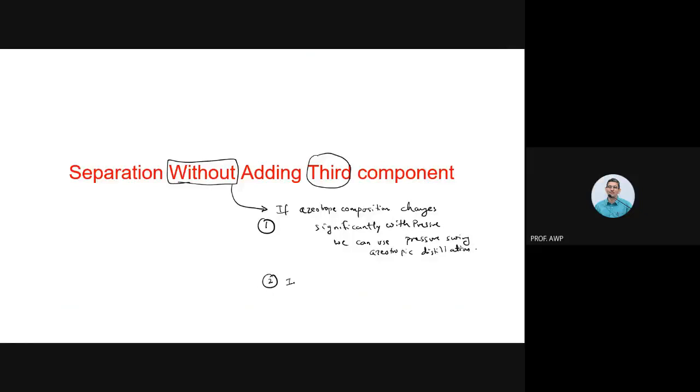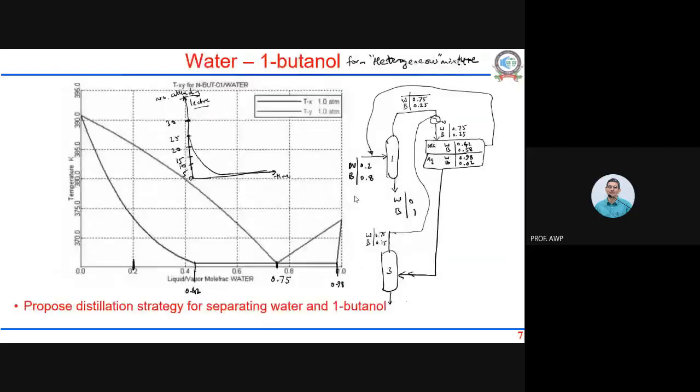Or second, if the two components form a heterogeneous mixture which splits into two liquid phases, aqueous and organic, like butanol and water, then we can use two columns and an organic and aqueous separator, a gravity separator if you like, and two columns like our butanol and water case.